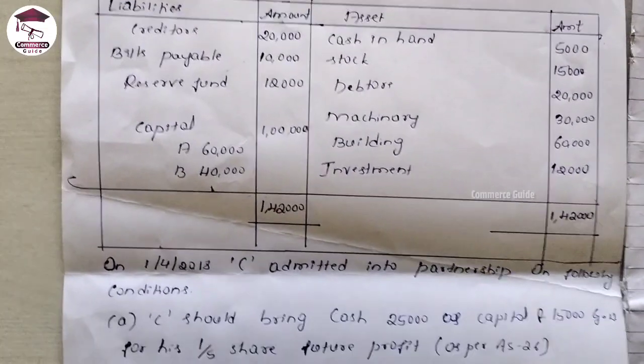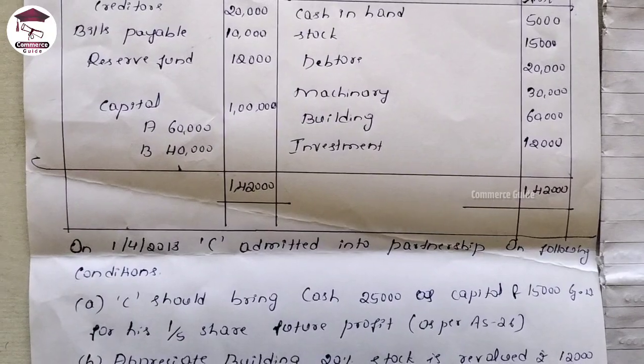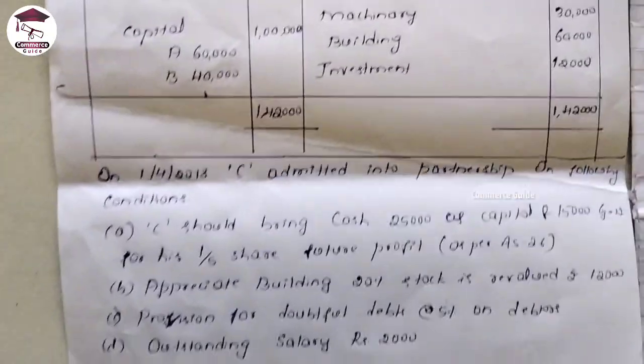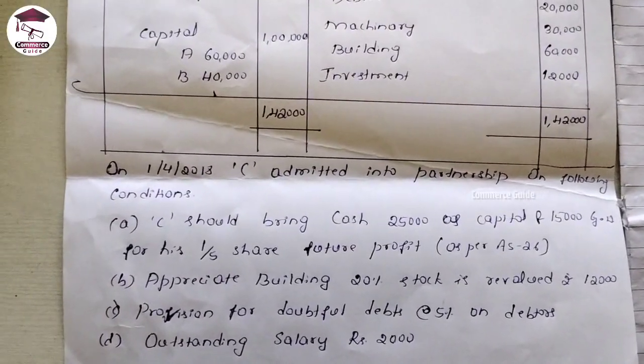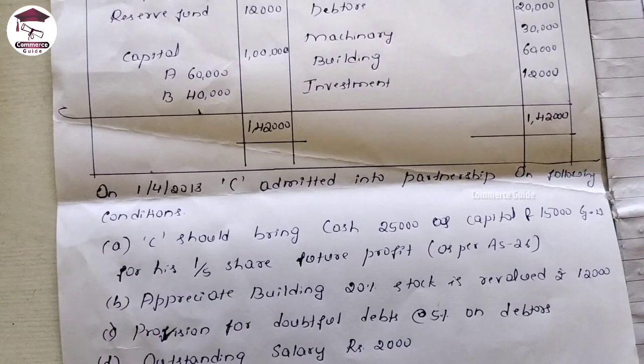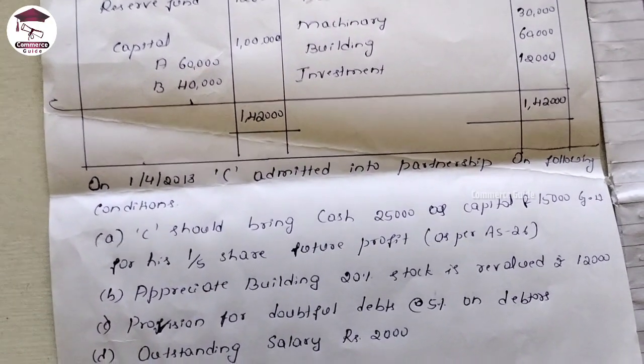So on 1/4/2018, C is admitted into partnership on the following conditions. The adjustments are: C should bring 25,000 as capital and rupees 15,000 goodwill for his 1/4th share of future profit as per AS 26.